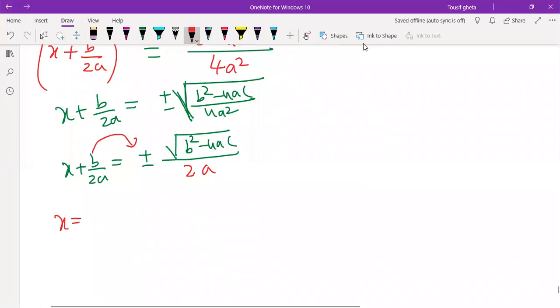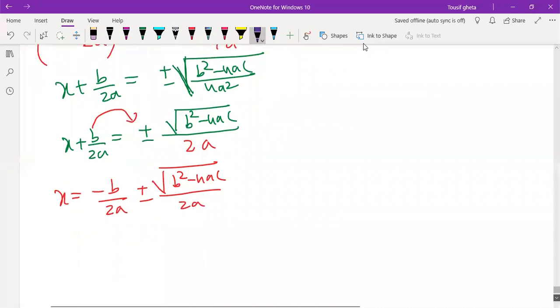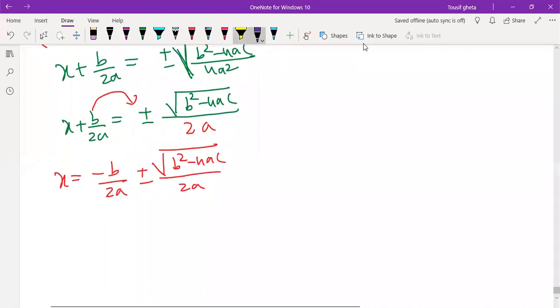X is equal to minus b by 2a plus or minus root of b square minus 4ac by 2a. Now we will take LCM. LCM of 2a and 2a, the LCM is 2a only. Into 1, into 1. We will get minus b plus or minus root of.